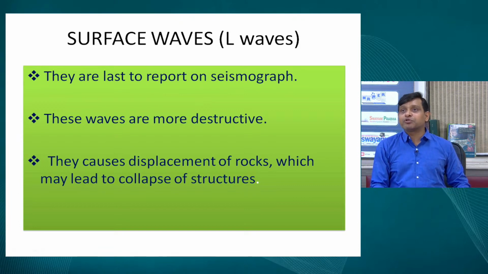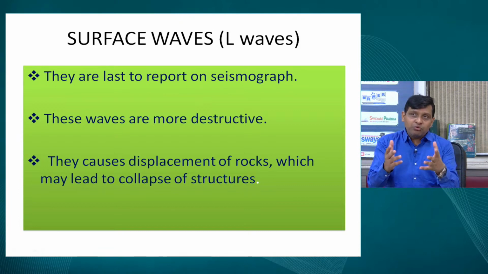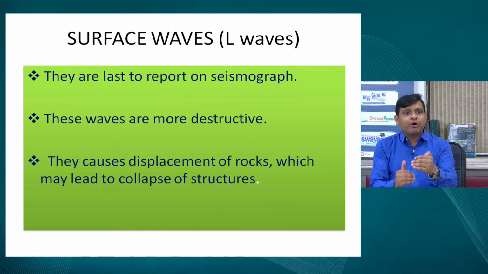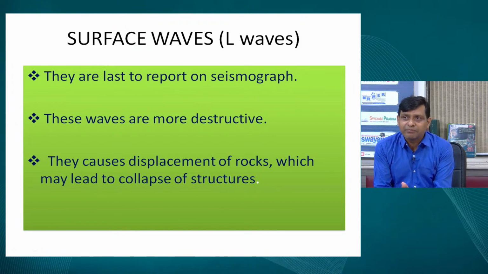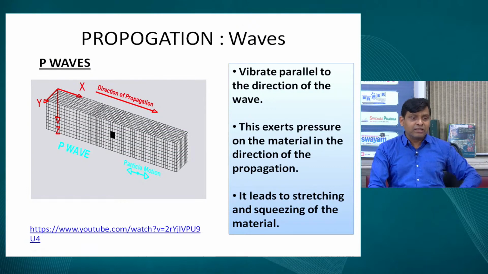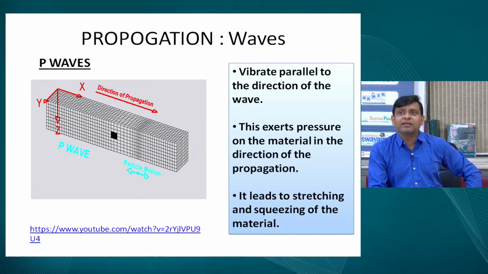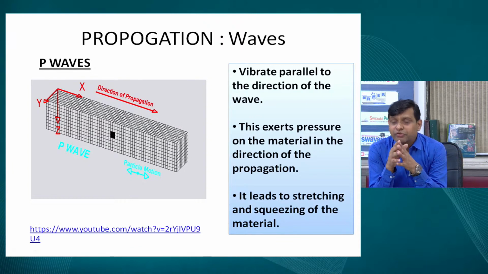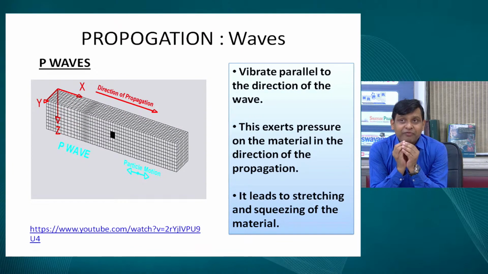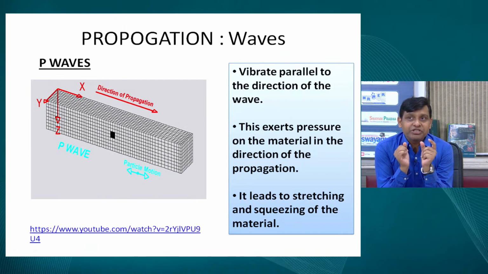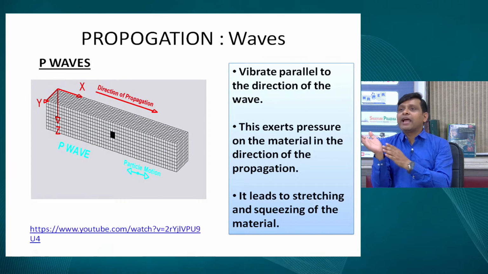And when we have to understand how these waves may be dangerous, which wave is dangerous or what type of earthquake, how we measure them, there are several different methods to measure them. So first we need to understand how these waves are being created. If you see this picture or this animation, you will be able to see that P waves simply take the black particle which is lying there and just come back.